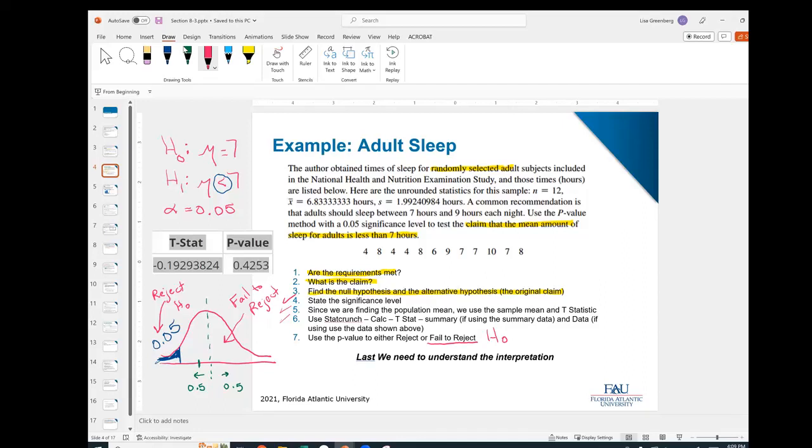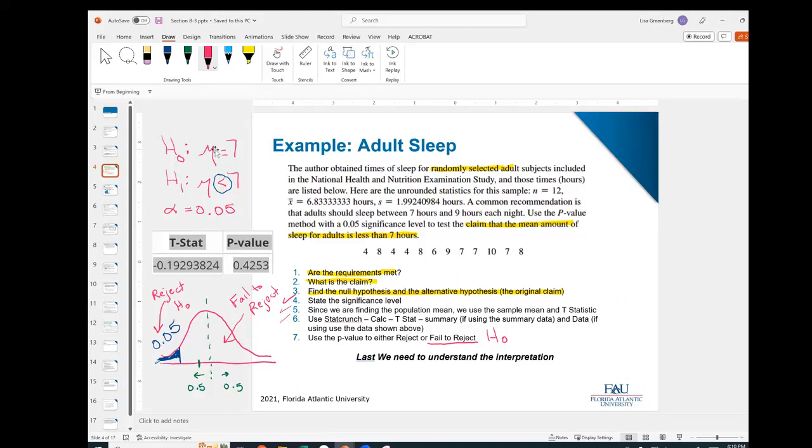So if I can't reject, and I'm always talking about my null hypothesis, so I really can't reject the mean value that an adult should sleep in a night. Okay, so we can't reject this, which means really we just don't have enough data.